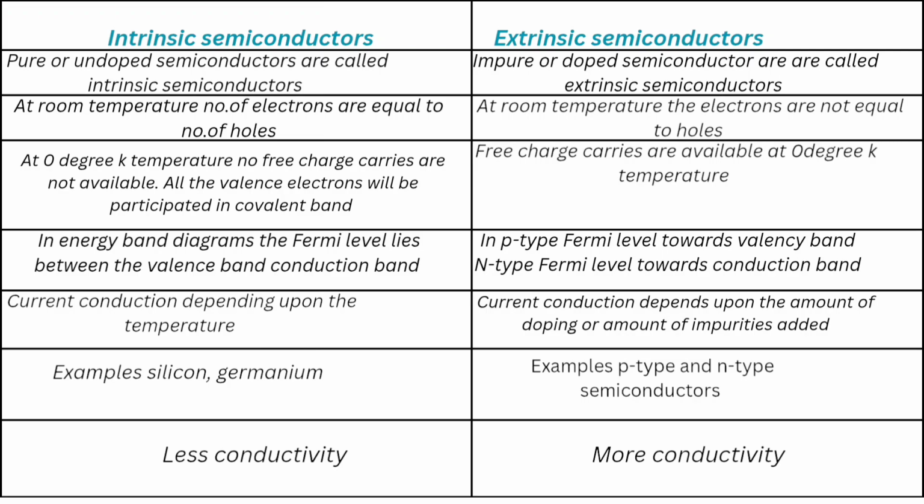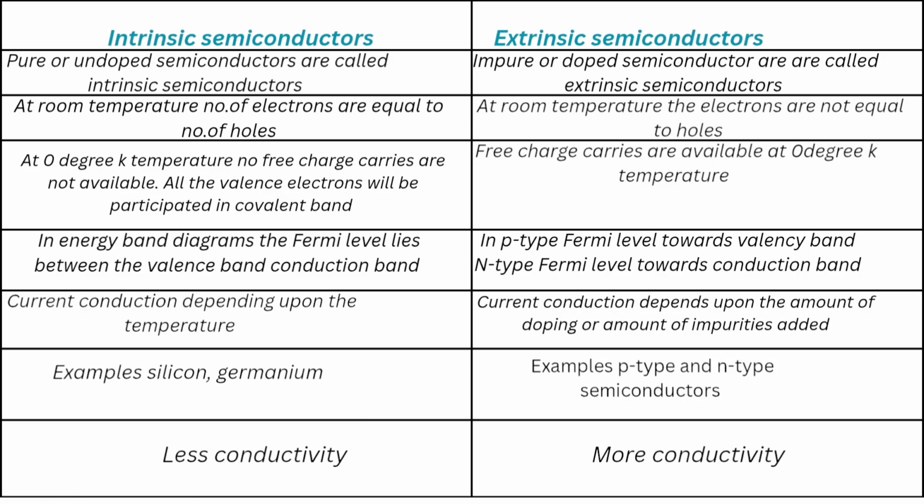Coming to the extrinsic semiconductors, at room temperature the electrons are not equal to the holes. At 0 degree Kelvin, no free charge carriers are available, and the valency electrons participate in the covalent bond. Coming to the extrinsic semiconductors, free charge carriers are available even at 0 degree temperature.